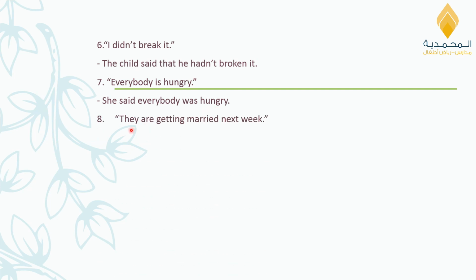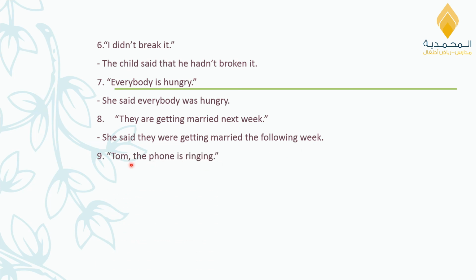Number 8: They are getting married next week. The tense is present continuous. The thing that we need to change is next week, the time expression. The new sentence would be, she said they were getting married the following week.